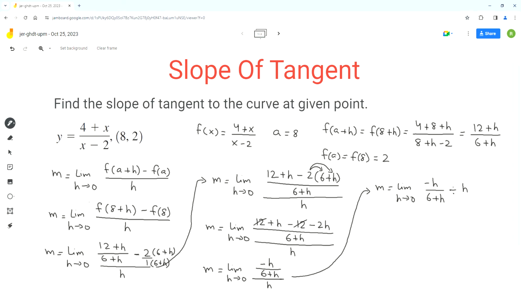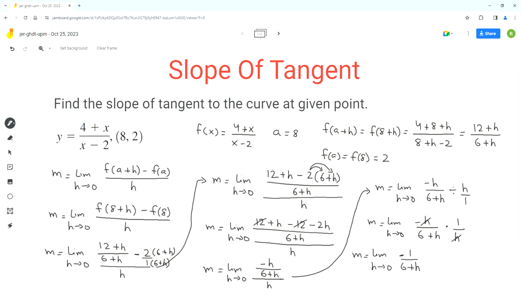The denominator of this h is 1, so we can change this expression into a multiplication statement. For that, we'll have to flip the fraction that's written after the division sign, so it becomes 1 over h. We can cancel out these single h's. So we are left with m equals limit as h approaches 0 of negative 1 over (6 plus h).